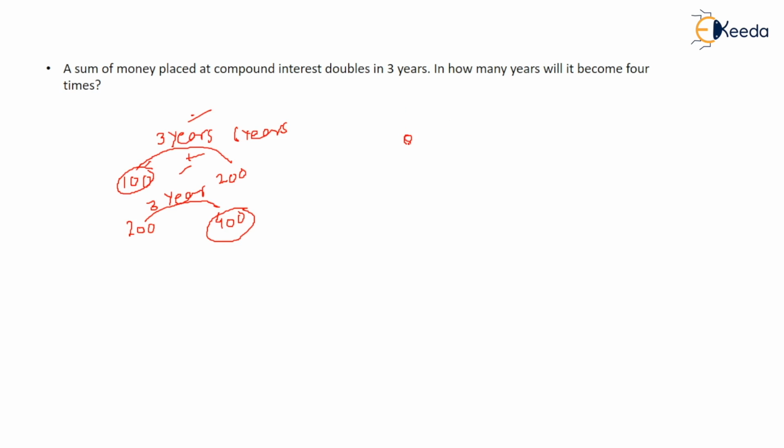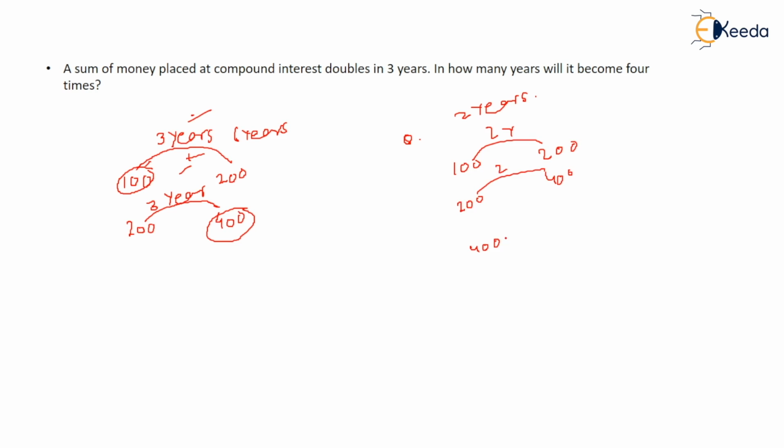One more question that I would like to ask you. If a sum of money doubles itself in 2 years, in what time will it be 16 times? Okay, so in 2 years it is doubling itself. Suppose it is 100, so it becomes 200 in 2 years. From 200 it becomes 400 in the next 2 years.